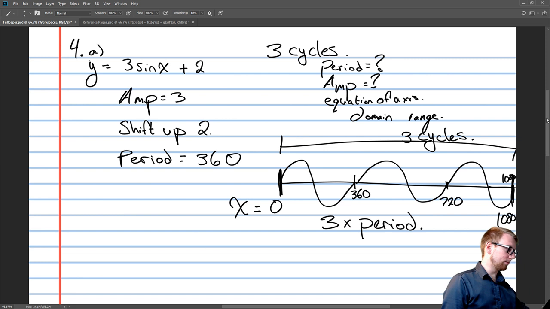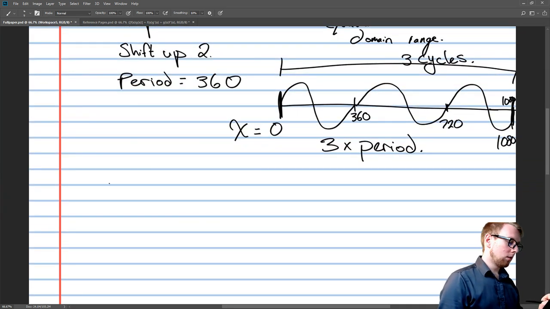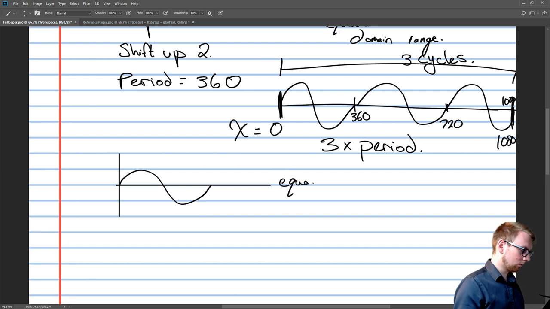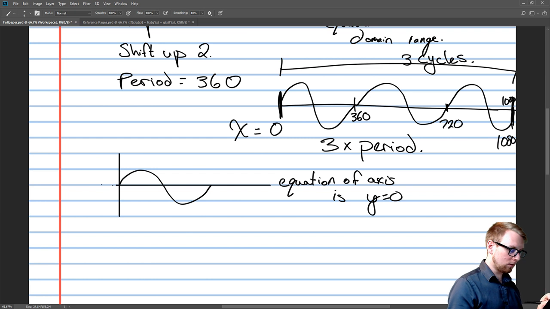For example, sine x starts at 0, so here's a regular sine. Equation of the axis is y equals 0, because this center line is the axis.